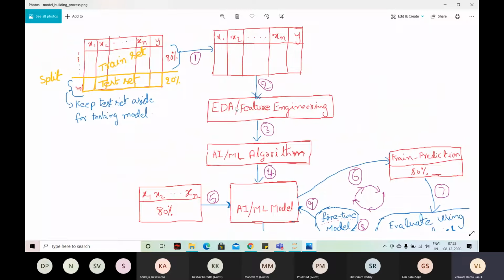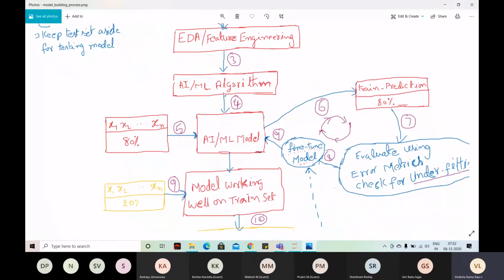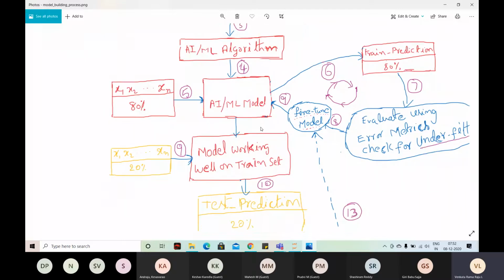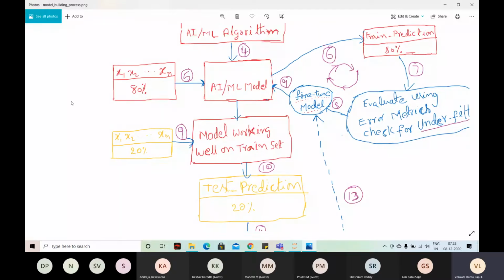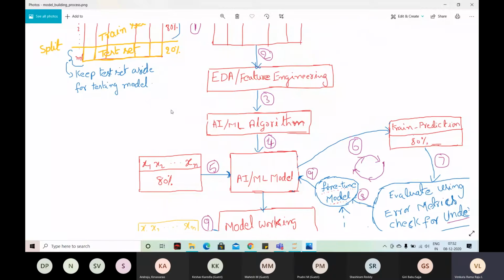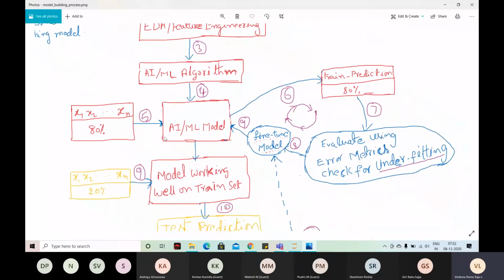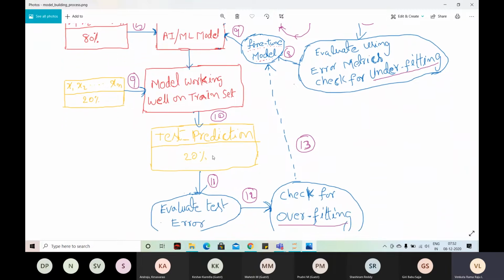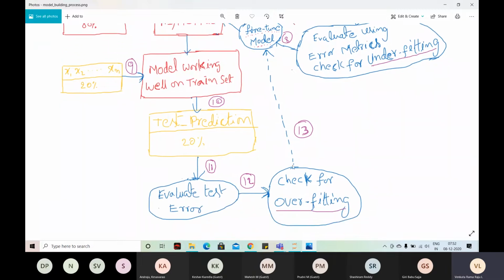So we take the data, split the data, do EDA, build an algorithm, pass the train set, predict, calculate the accuracy. If the model is working, then test it on the test set. This test set we will not touch until we see that the model is working well on the train set. Then you pass your 20% and see the test predictions and evaluate again, calculating R square score again.